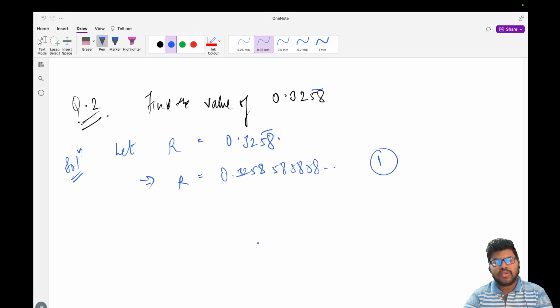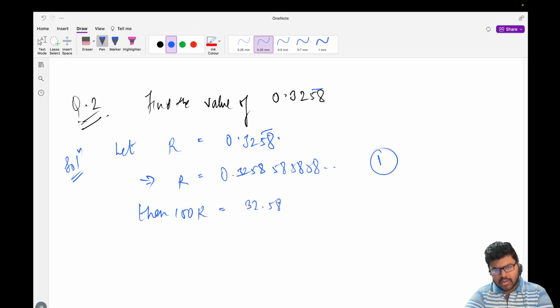This is the first equation, right? Then 100R is equal to 332.585858 and so on. Second equation.